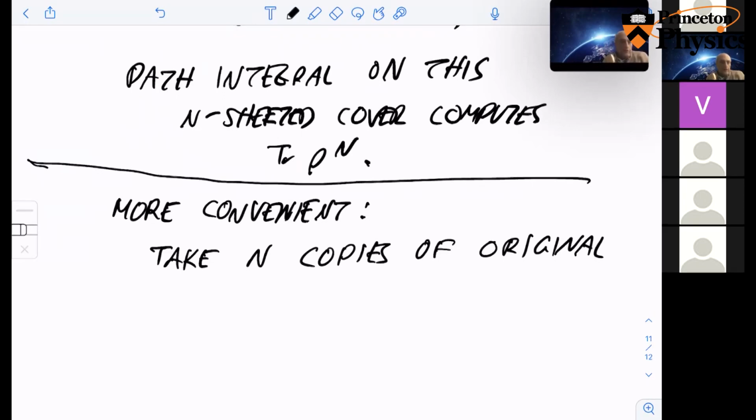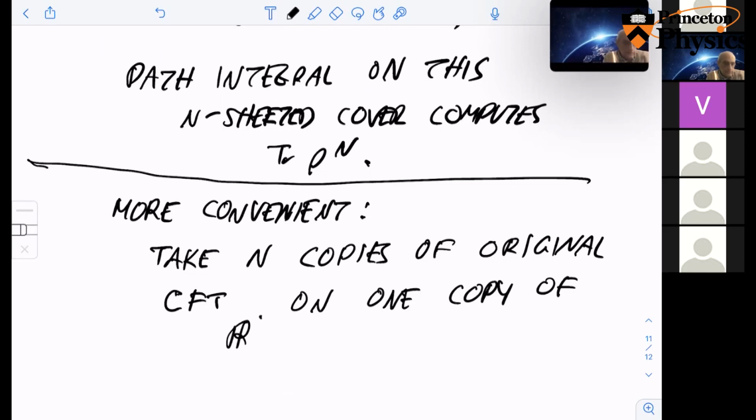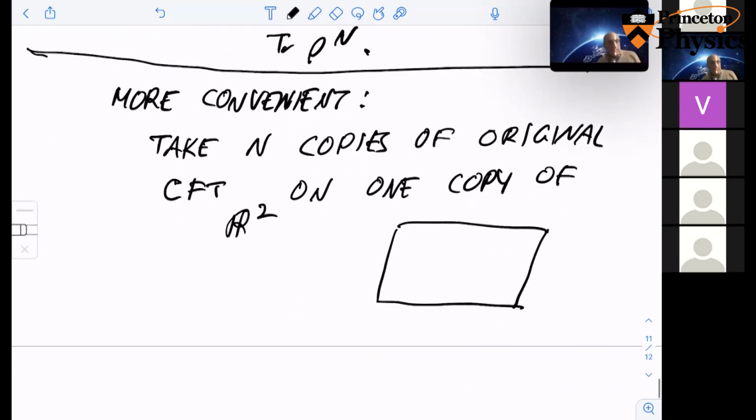However, instead of the path integral on the n-sheeted cover, we will now start saying things that are much simpler in two dimensions. Instead of an n-sheeted cover of the original spacetime, we take n copies of the original conformal field theory on one copy of spacetime. So we just say that we're on R2, and instead of saying that spacetime has n sheets, we say that on a single spacetime, there are n copies of the original theory.